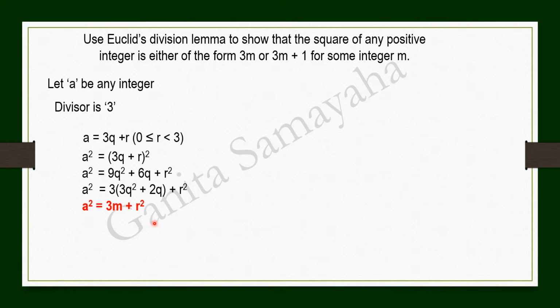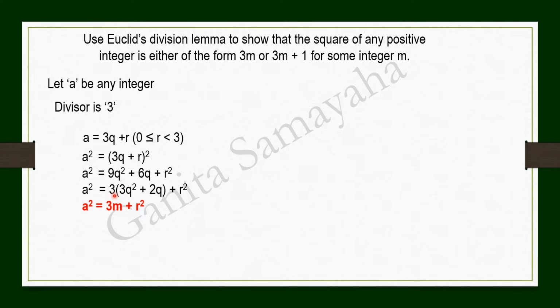This is a general formula. We have only generalized that. We have taken a is equal to 3q plus r and generalized that a squared must be equal to 3m plus r squared. In particular, we are bothered about this r squared to decide whether it will be 3m or 3m plus 1. Is it clear, children?